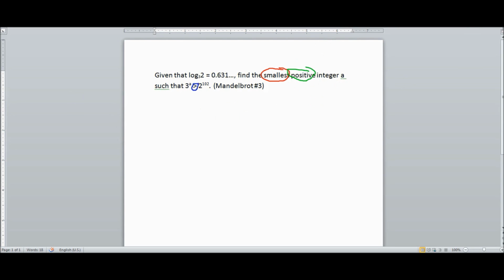So if we think about it a little, we can see that the smallest positive integer a is going to be when 3^a is equal to 2^102, because you want the smallest positive integer, right?